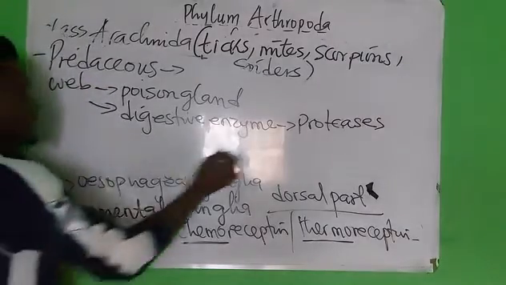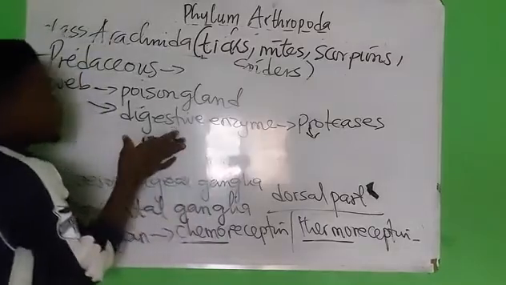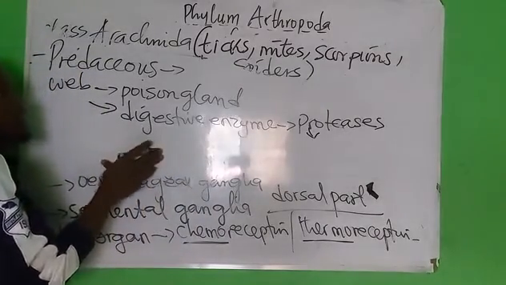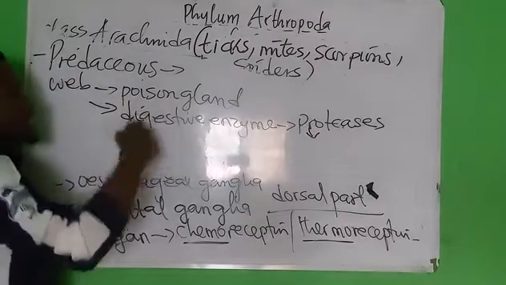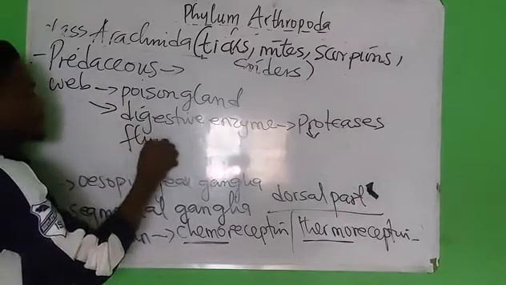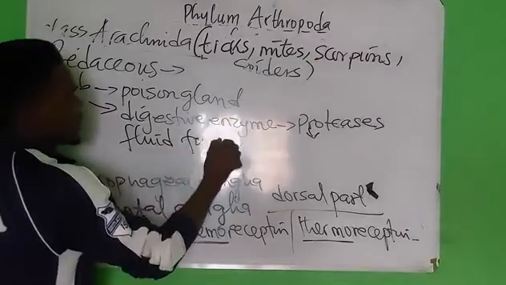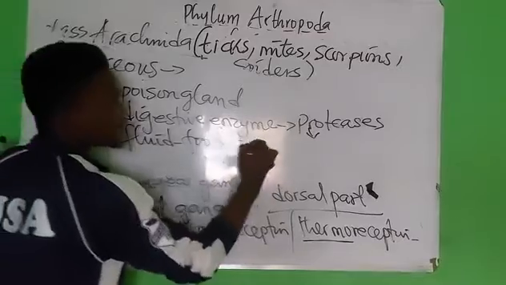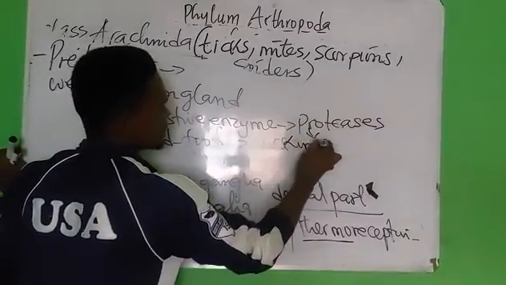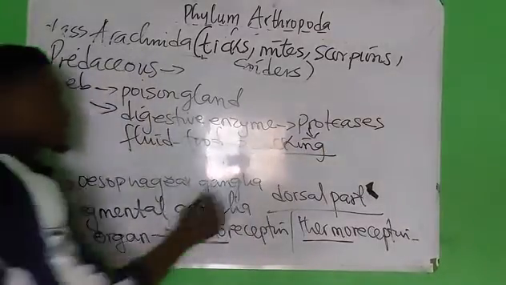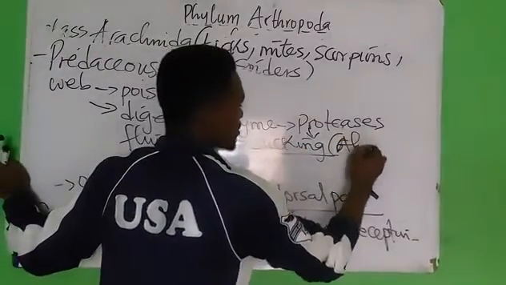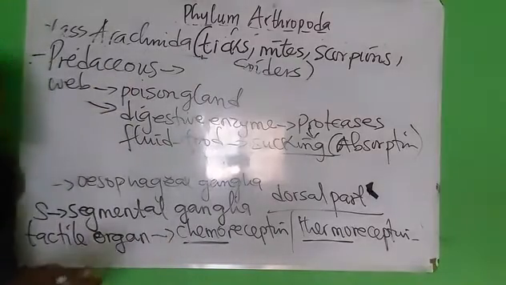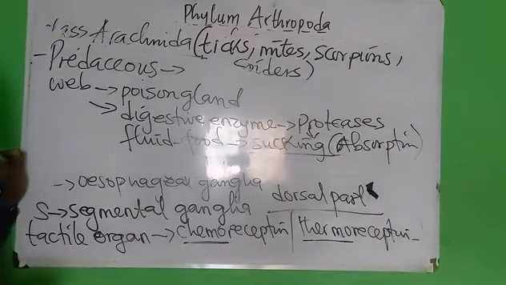This protease digests the insect in the form of what? Fluid food. As soon as it is digested as fluid food, the spider starts sucking it. It sucks the nutrients by what? Absorption, and leaves the chitinous or exoskeleton parts of the insect.